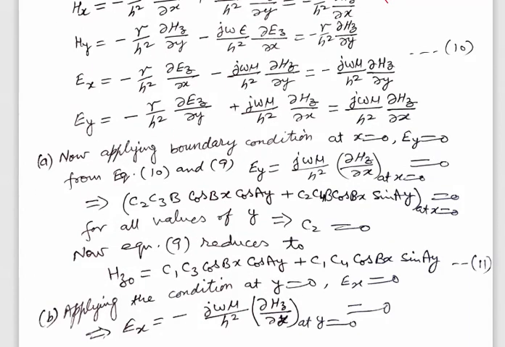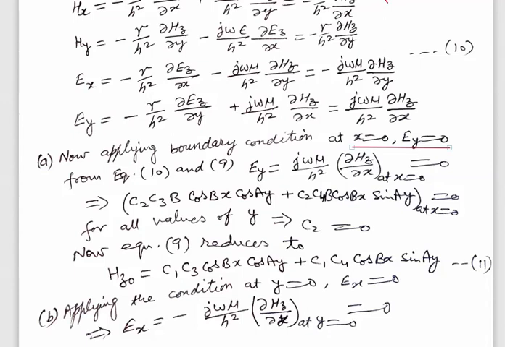The first boundary condition is that, as earlier discussed, at x equal to 0, Ey and Ez both are 0. So Ey is 0. So from equation number 10, the expression for Ey is equal to j omega mu upon h square into del Hz over del x.